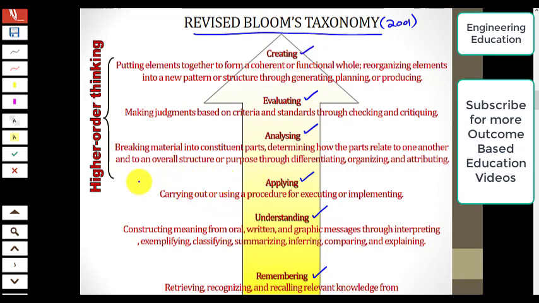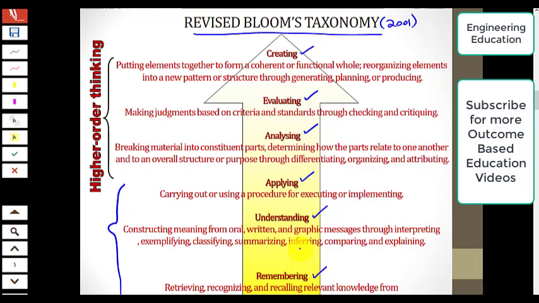These 3 levels, remembering, understanding, and applying, are low order thinking levels, and analyzing, evaluating, and creating are high order thinking levels.